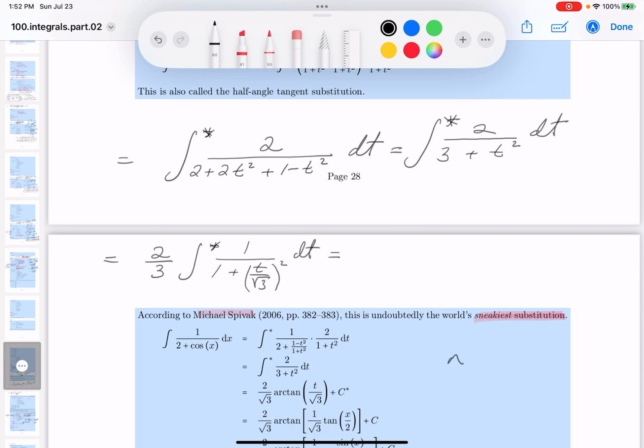All right? Now, maybe as a crutch, I'm going to write this down over here, that u is equal to t over root 3. That means du is going to be 1 over root 3 dt. I'm going to put the root 3 here. All right? So I'm going to write that down for you. And this is my second substitution, by the way.